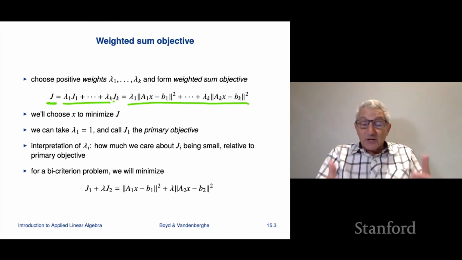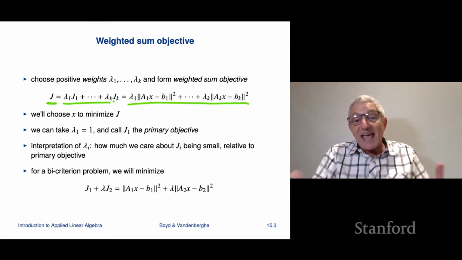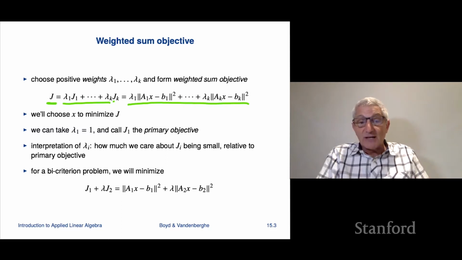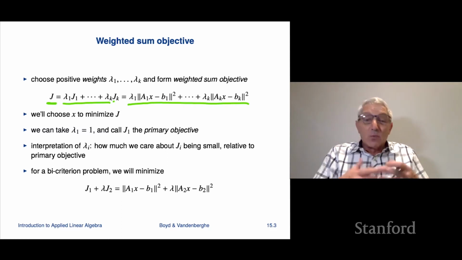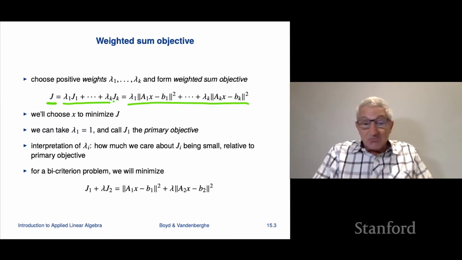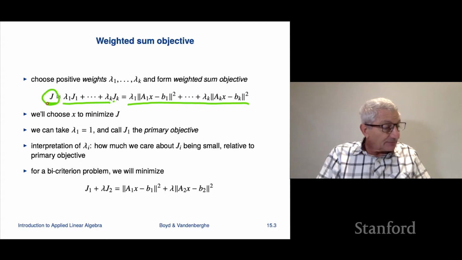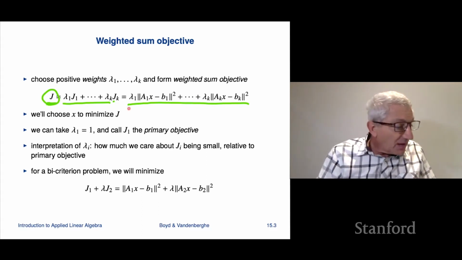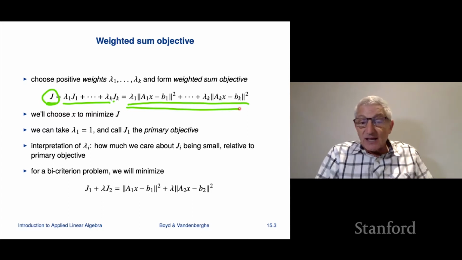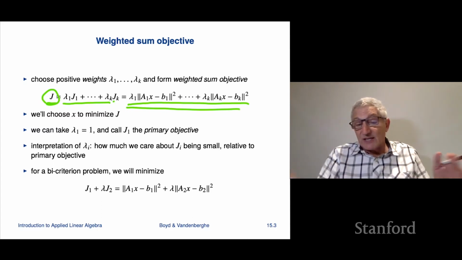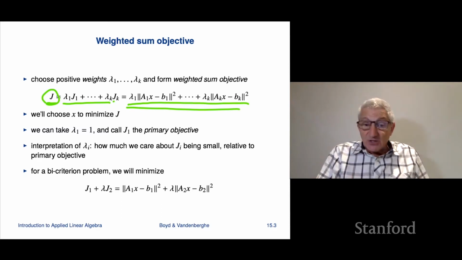So our original problem has k different things we care about, J1, J2, up to Jk. What this says is that we're going to scalarize it: we're going to pick some weights and form a single scalar number J. Now I can multiply all these weights by any positive number I like, and it doesn't change the solution. It does change the value of J, but it doesn't change the solution.